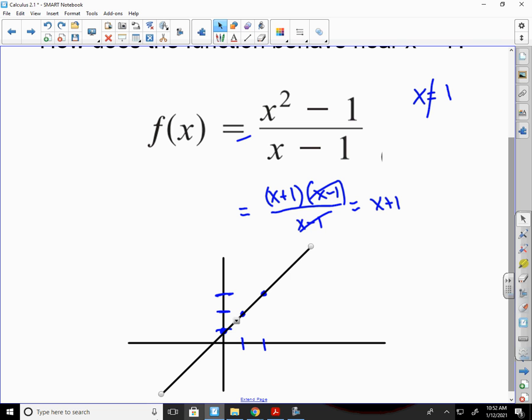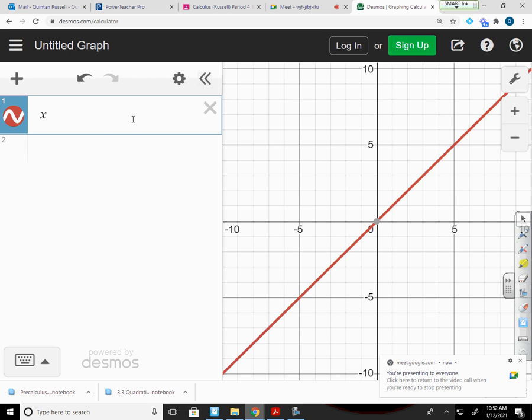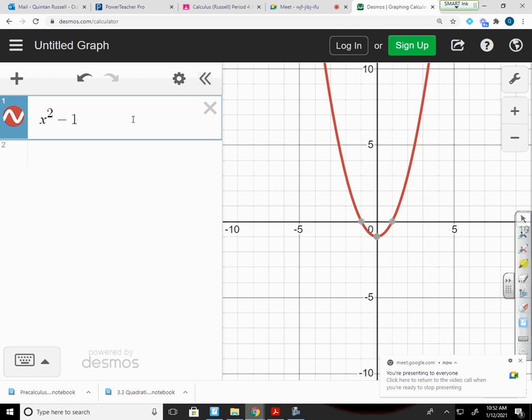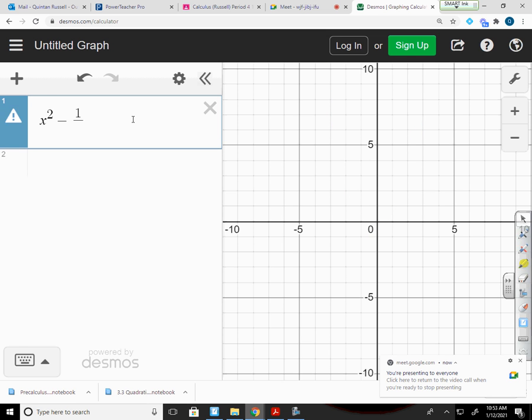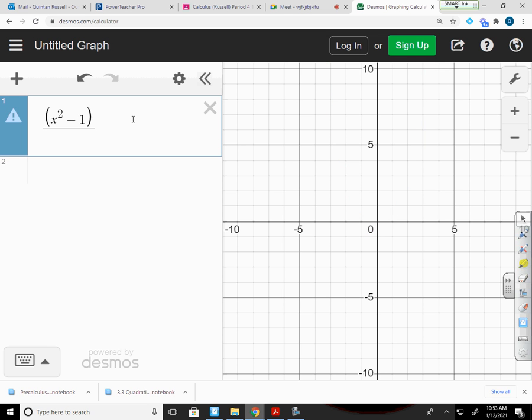If I look at the Desmos graph of this original function, I do x squared minus 1 over, I'll put this in parentheses, x minus 1.